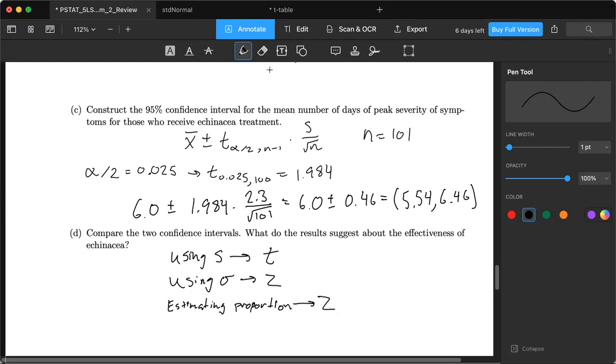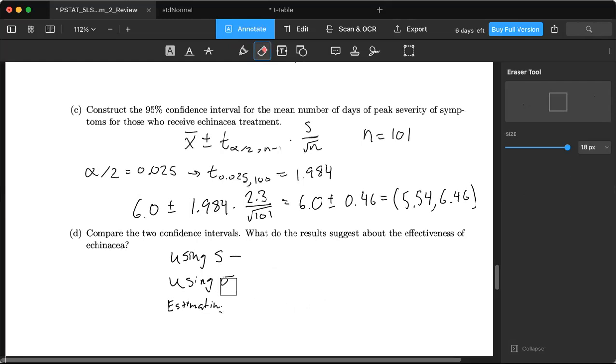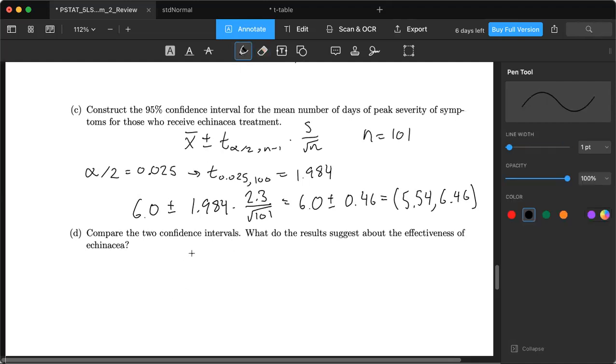So I'll write out the 3 types of confidence intervals. So we have X bar plus or minus Z sub alpha over 2 times sigma over square root n.